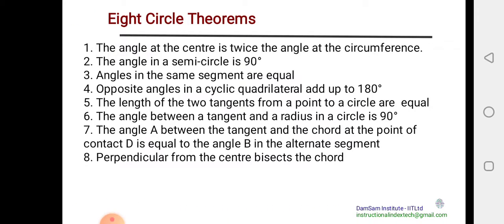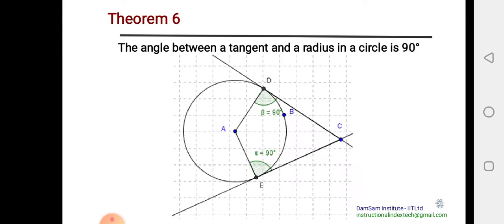Let's move on to the next one. Number 6. The angle between a tangent and a radius of a circle is 90 degrees. What do we mean by this? When a tangent and a radius meet at the same point, look at point D, where the radius AD meets tangent CD.